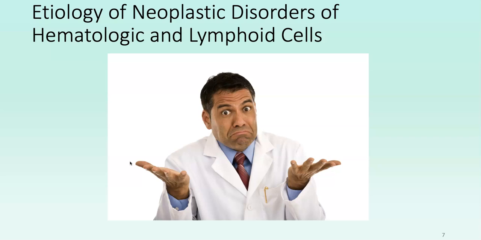Unfortunately, the etiology, or what causes the development of these neoplastic disorders, is still kind of a big unknown. With many disorders affecting other cells or body systems, we can say if A happens, then B will occur.